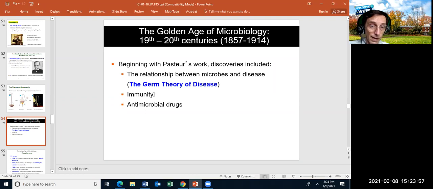It also gave rise to immunity and gave rise to the concept of antimicrobial drugs, that you could use a drug to prevent or cure a disease. Any question about any of that?